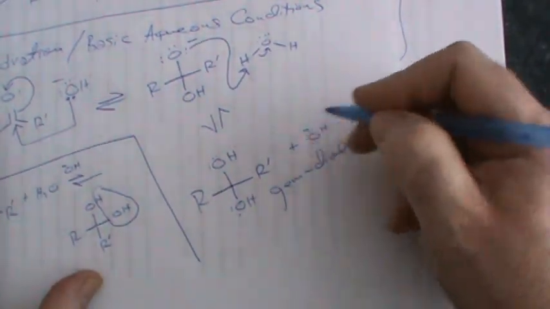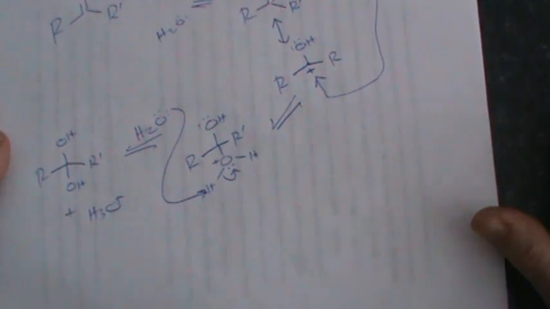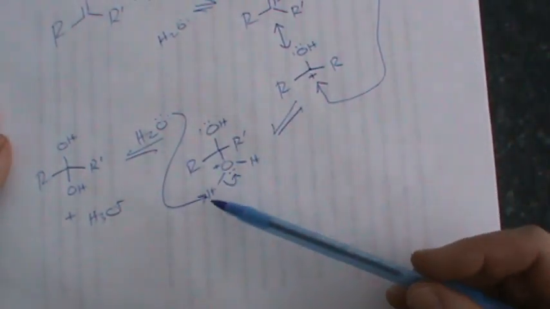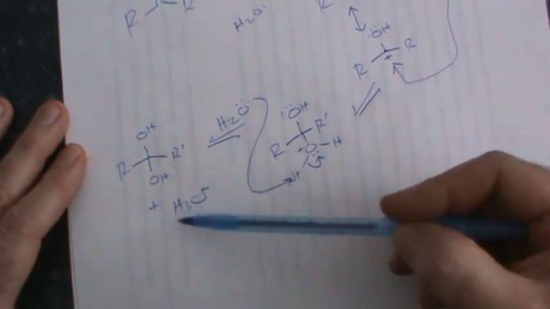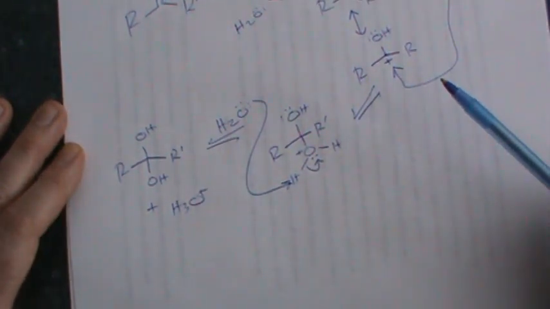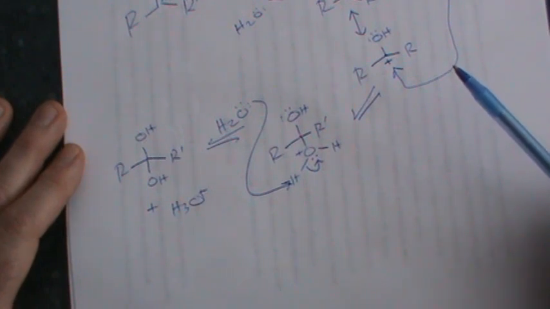You regenerate your base at the end of the reaction. You should go back in your notes and definitely add that in if it wasn't there from our prior class. Here, under the acid catalyzed version, I generate the gem diol, plus once again regenerate the acid catalyst H3O plus. So these are catalyzed reactions for sure, and that's what they look like.